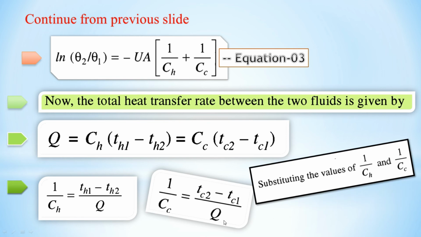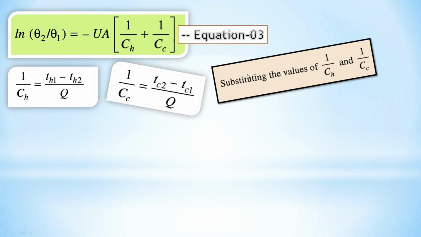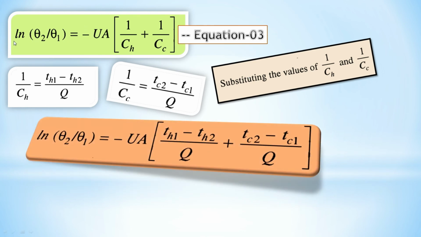Substituting the value of 1 upon CH and 1 upon CC in equation 3, ln theta 2 by theta 1 equal to minus UA times the bracket term. Here you can see that 1 upon CH equal to TH1 minus TH2 divided by Q. Put this term instead of 1 upon CH and the other value instead of 1 upon CC.